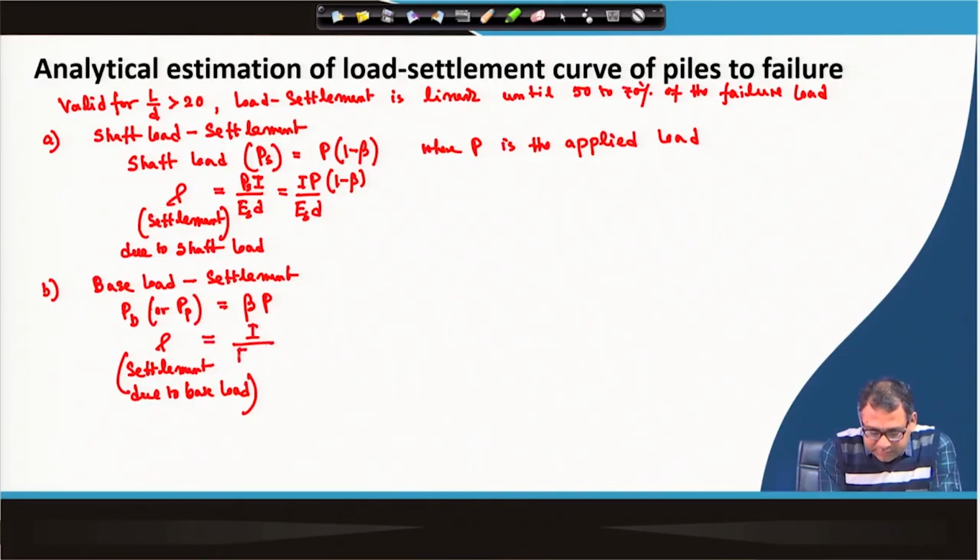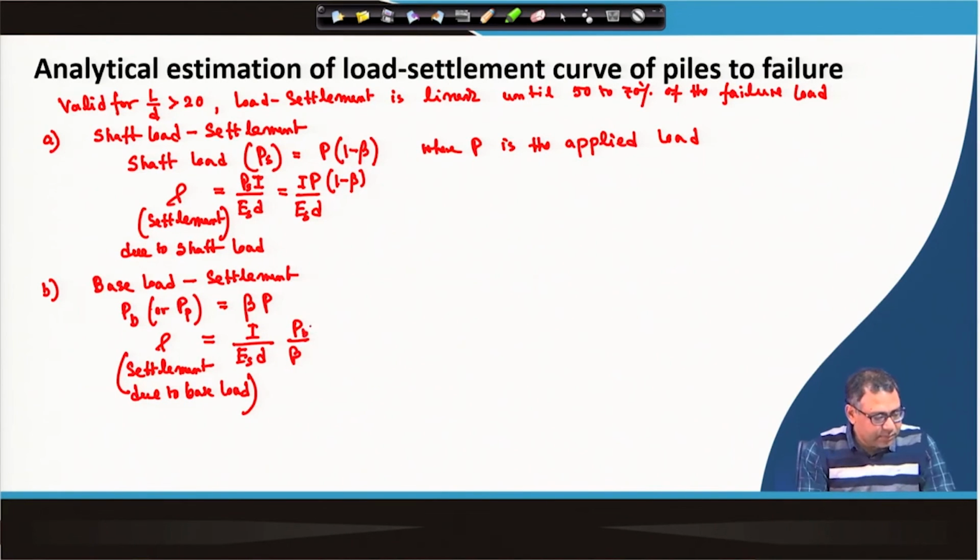I by Es d and then Pb by beta. So, this way we can represent that.